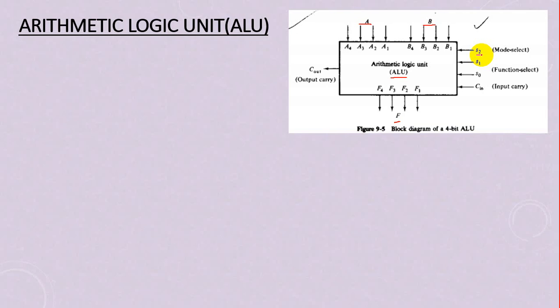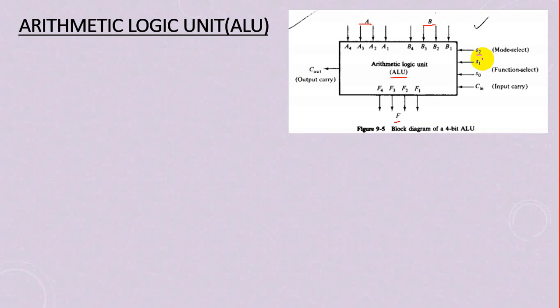When S2 is 1, it will perform logic operation. What are the arithmetic operations? Addition, subtraction, multiplication, division, then A plus B, A minus B, A plus 2, A plus 5, all are arithmetic operations. What is the logic operation?